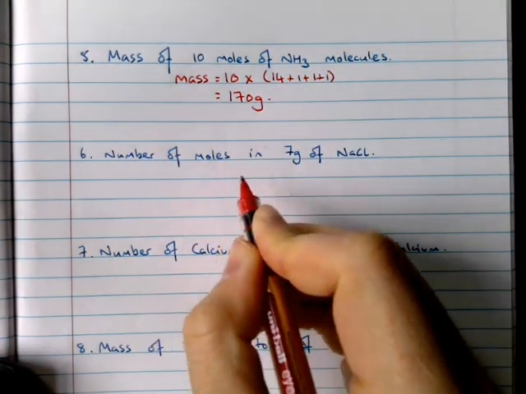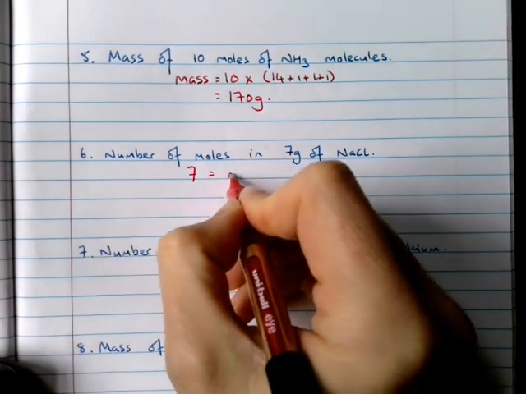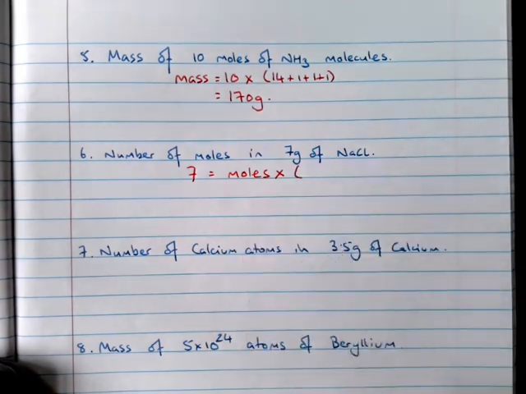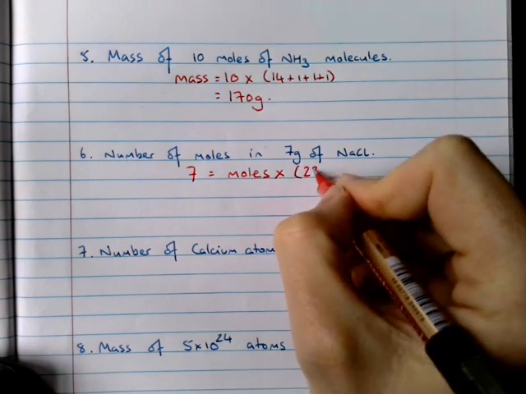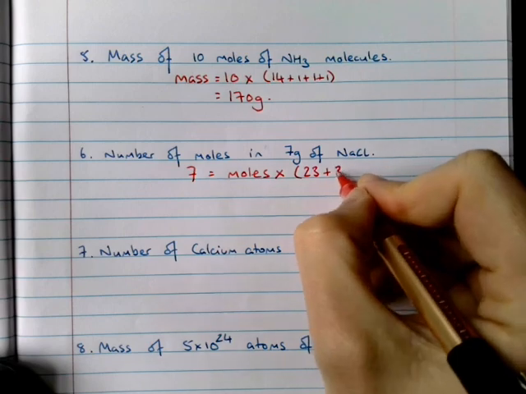The number of moles in 7 grams of NaCl. My mass, 7, equals my number of moles times the molar mass of NaCl. Well, Na is 23, plus chlorine, which is 35.5.